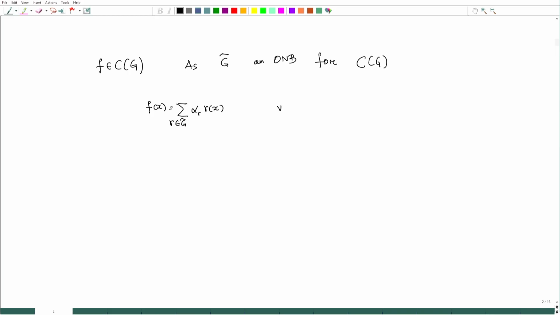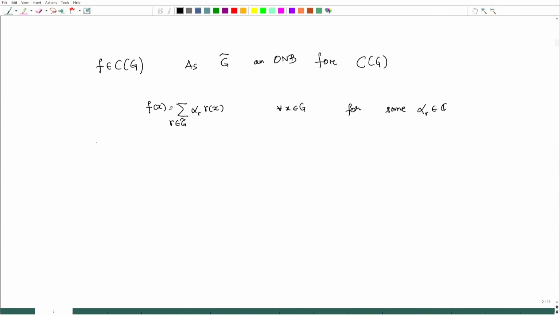This is true for all x belonging to G, for some scalars alpha gamma, complex numbers, because it is a linear combination of all those gammas in G hat; it is a basis.